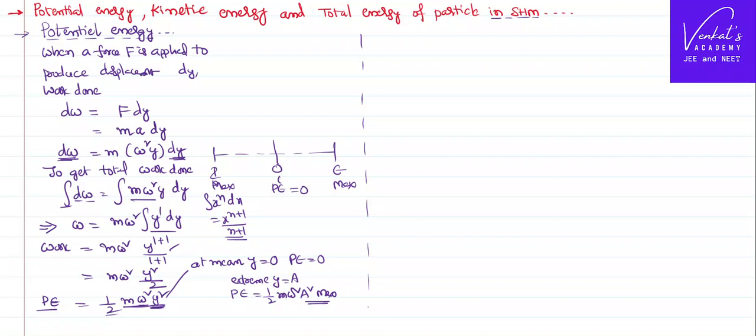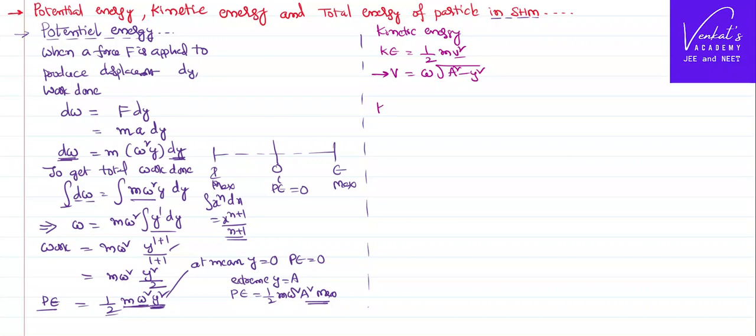Let's try to find out about kinetic energy for a body in simple harmonic motion. Kinetic energy of any body is generally represented as half m v square, where v is the velocity of the particle. In simple harmonic motion, we have derived the velocity as omega into root of a square minus y square.